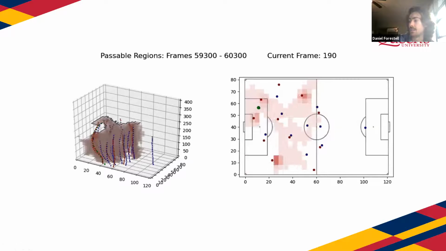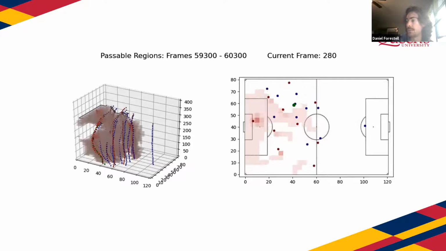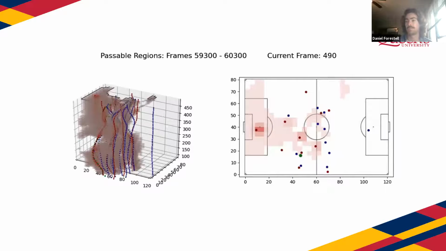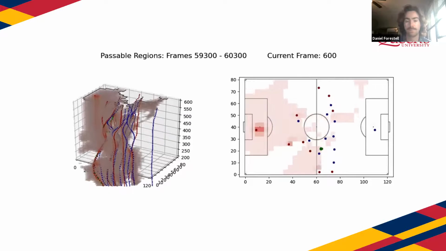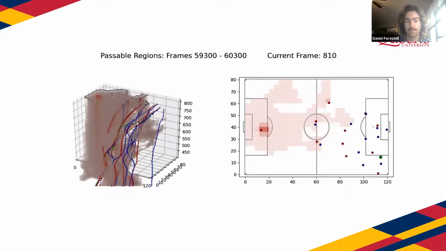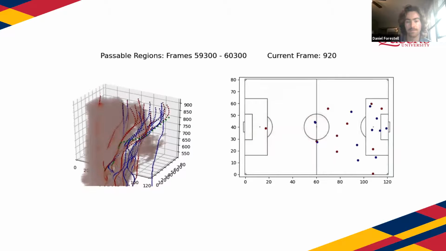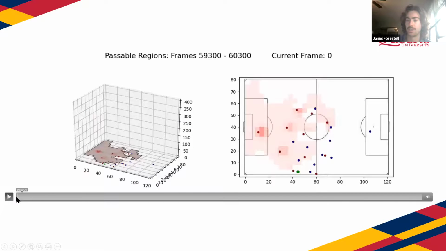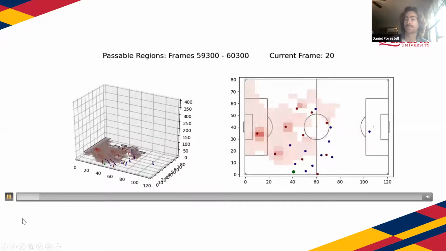And we see the red team plays it back, and they're moving up the field now. Okay, so I'll play that one more time and talk through it as we do.